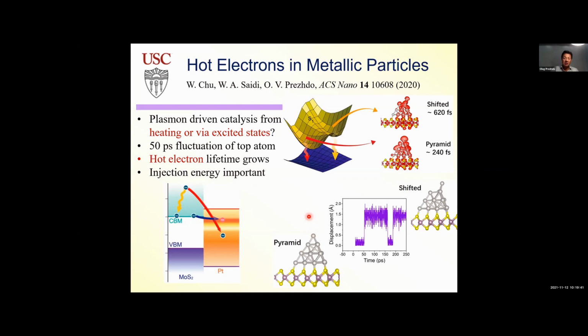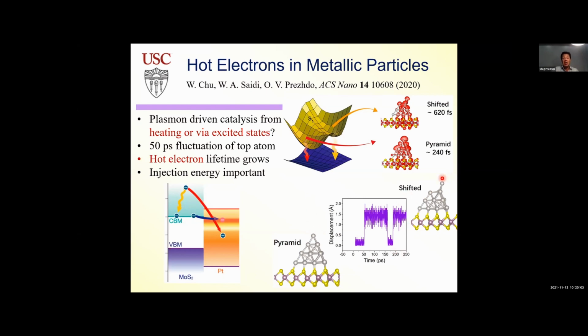What we've done in this case, we use this machine learning force field, and we obtained a long trajectory, several hundred picoseconds, and we saw this top atom of the pyramid is shifted. But this happens on a pretty slow time scale, maybe 50 or 100 picoseconds. So it's hard to do this with ab initio.